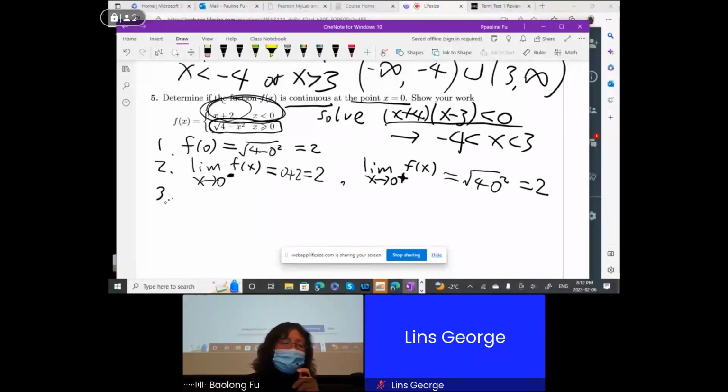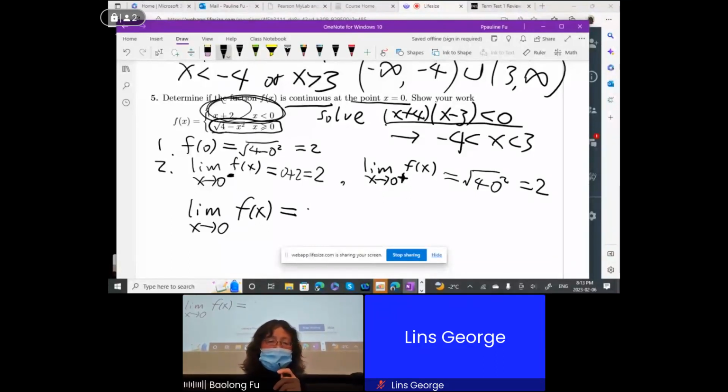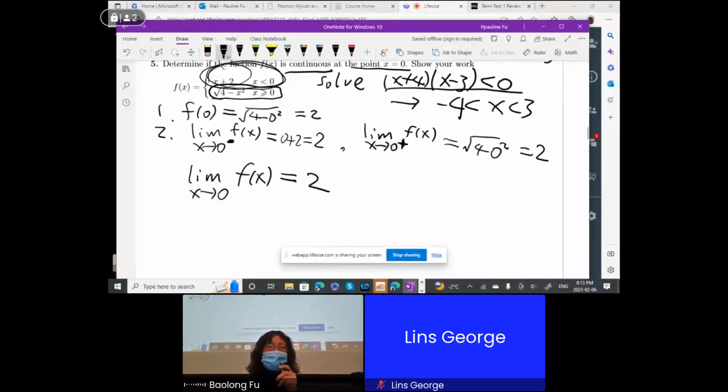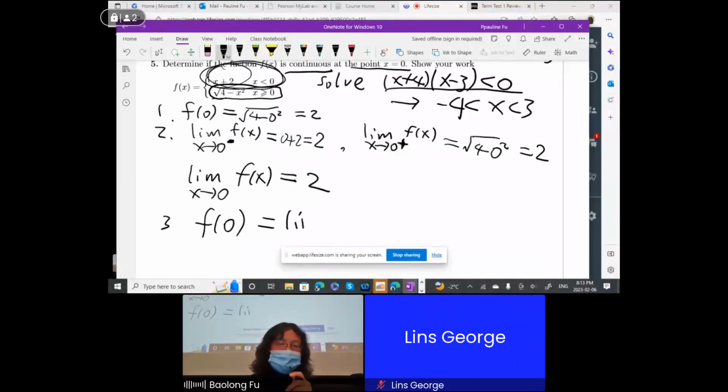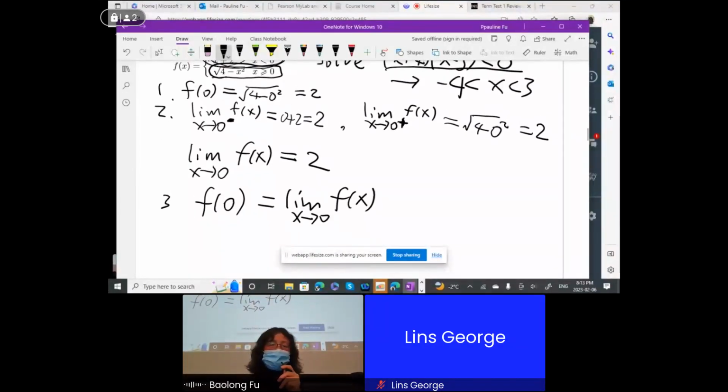Okay, so from step 2, left limit equals right limit. So the limit when x goes to 0 equals 2, that is step 2. Step 3, f(0) equals the limit of f(x) when x goes to 0, they are equal.